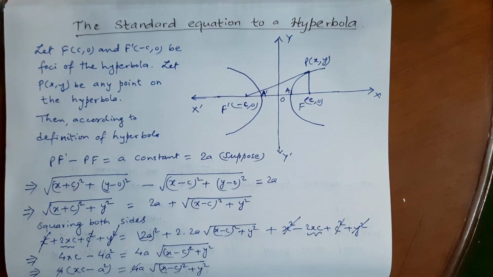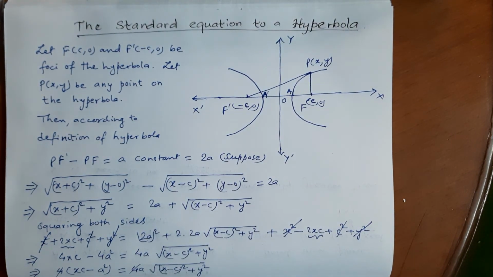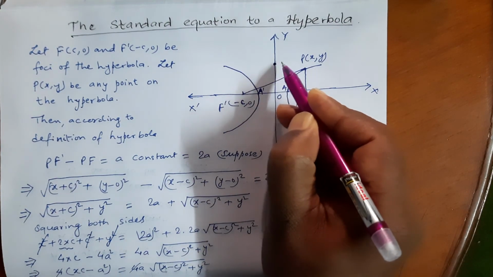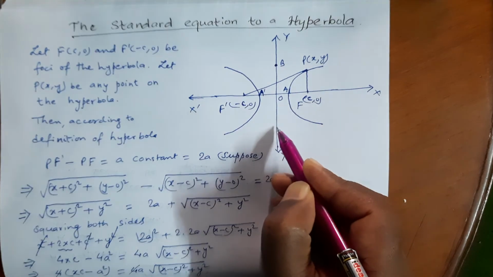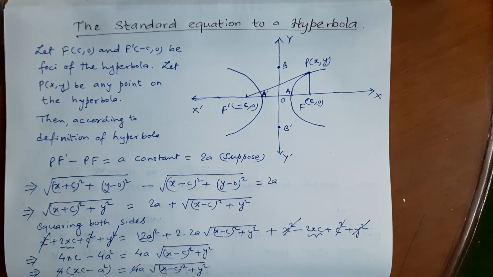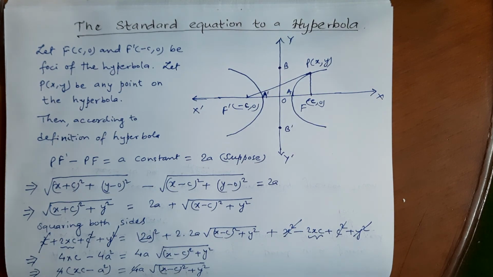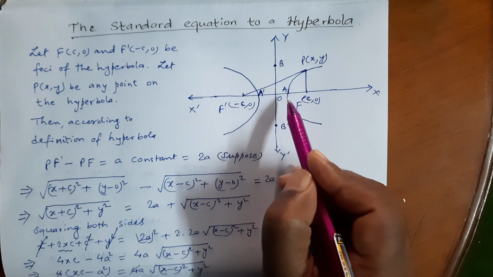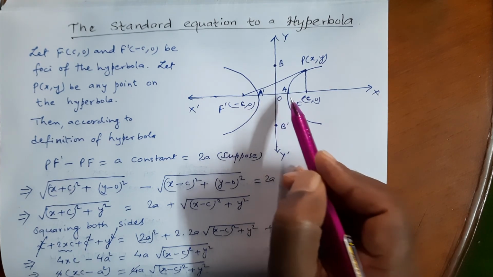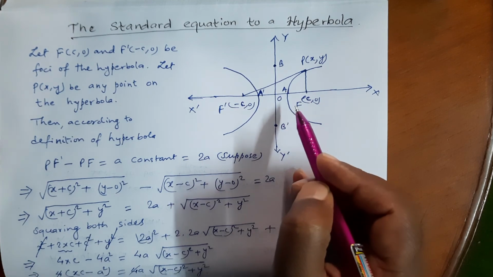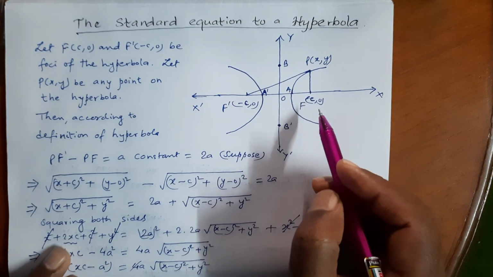And the line B B dash through O and perpendicular to A A dash, such that OB equals OB dash equals b, is called the conjugate axis.